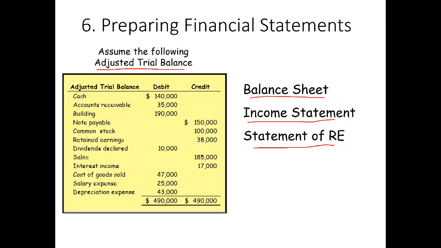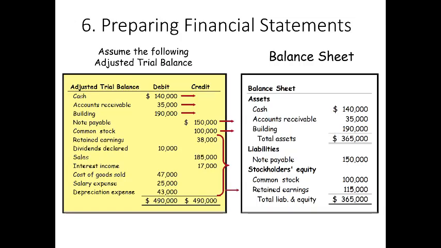So if you took these first few, cash is an asset account, accounts receivable is an asset, the building is an asset, a note payable is a liability, common stock is a component of equity, retained earnings is a component of the statement of retained earnings, but eventually equity. And then we'll talk about the rest of these.